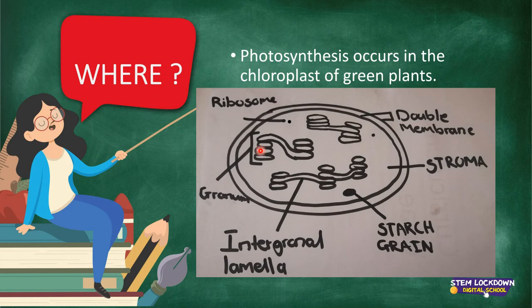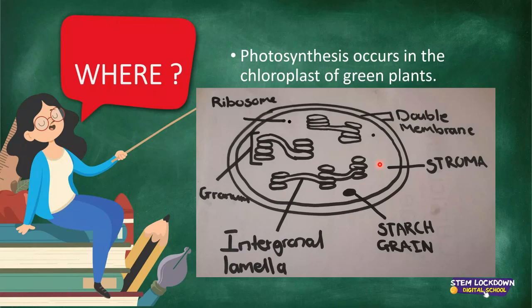Remember, it's many grana and one granum. All right, let's continue. The grana are made up of thin flat discs called lamella that present a large surface area for absorption of sunlight.